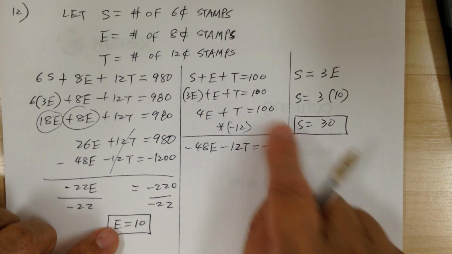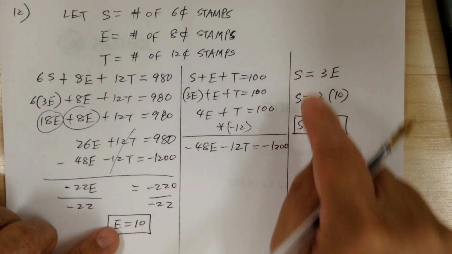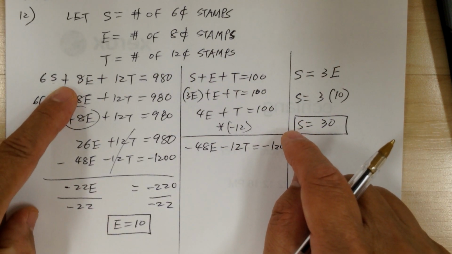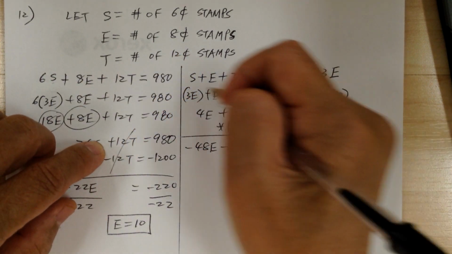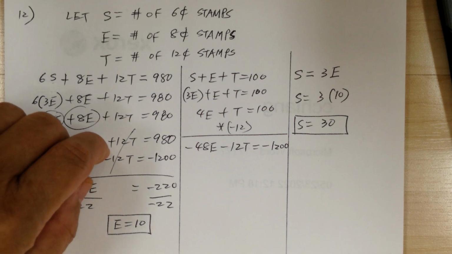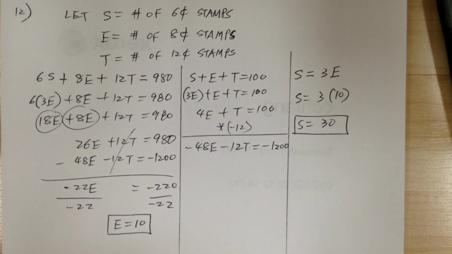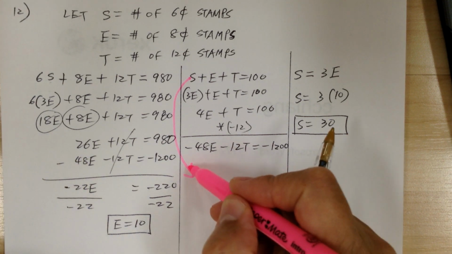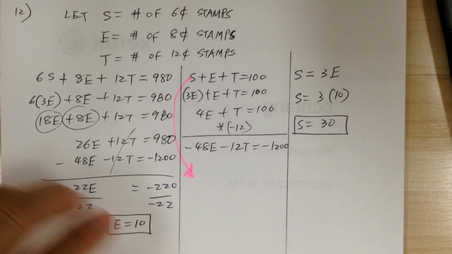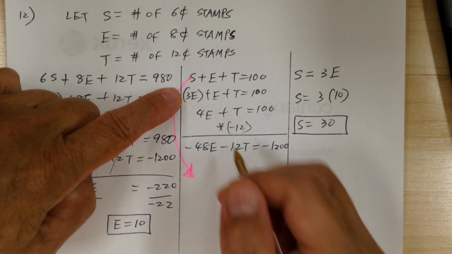Now you have to go back to one of these equations. You don't want to use this one because this equation is complicated. So I'm going to use this one here. I'm going to draw these things down here. Okay, so I'm going to write it again.